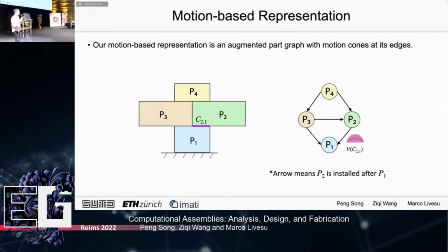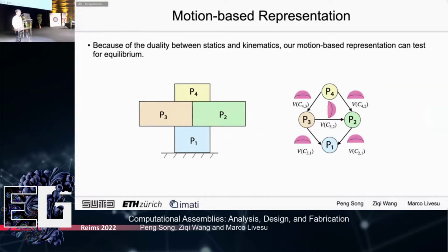Here, the contact C21 is an edge from P2 to P1. We just store the motion cone we discussed earlier, associated with C21, at its edge. Having all the motion cones computed, the motion-based representation is able to measure the structure stability of a given assembly without actually knowing the exact part geometry.